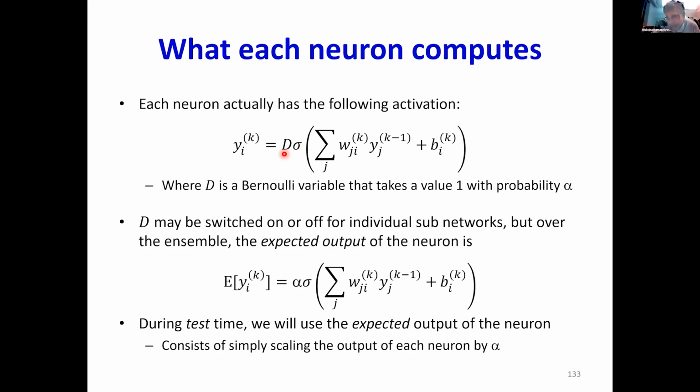Just give me a yes if you believe this. Guys, right? And so this means that the expectation of yi is simply going to be alpha times sigma, right? You see why the second equation holds? Do you see why this holds?